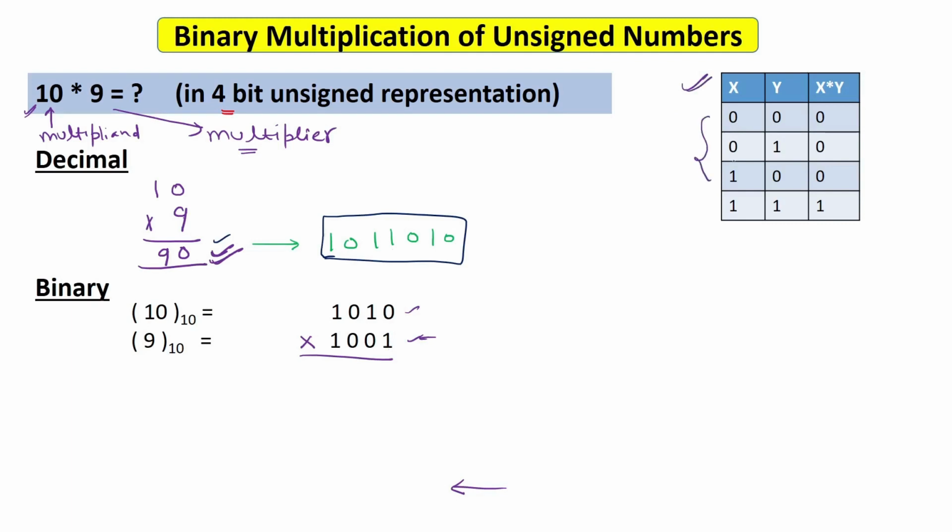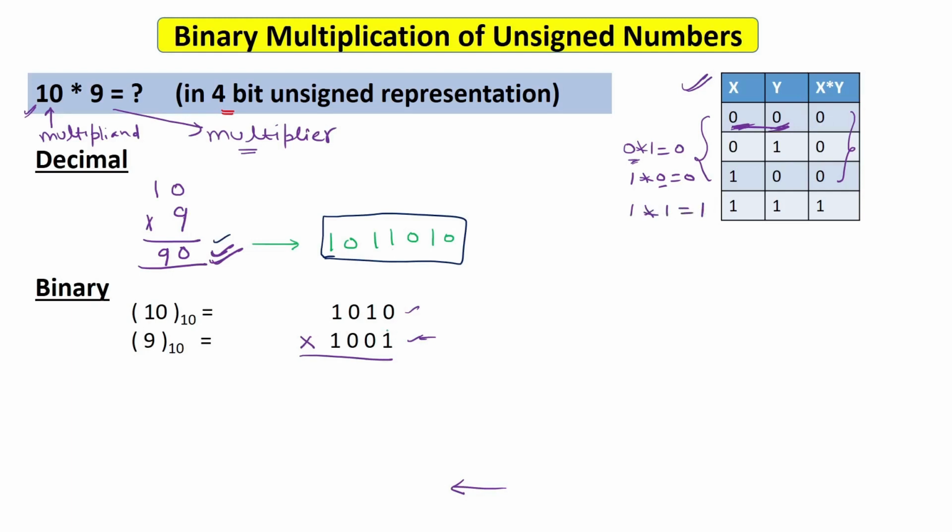Whenever you multiply bits and either of the bits, x or y, is 0, you get the result 0. Both 0 gives 0, multiplication of 0 and 1 is again 0, and multiplication of 1 and 0 is again 0. If we are multiplying two ones, then you simply get 1.